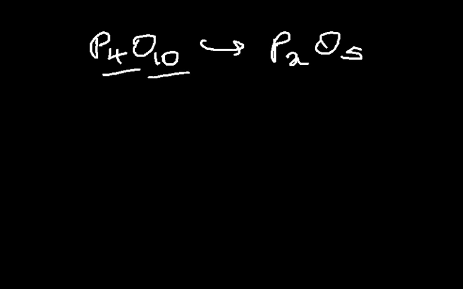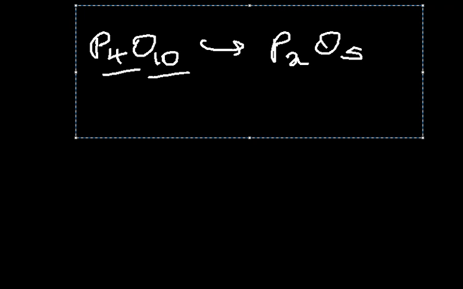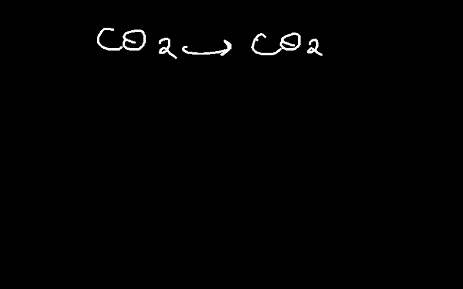And how about if we have CO2? What is the empirical formula for this? You can see that the empirical formula will be the same as the molecular formula. We have CO2, because the actual ratio is 1 to 2, and the simplest ratio is the same as this.